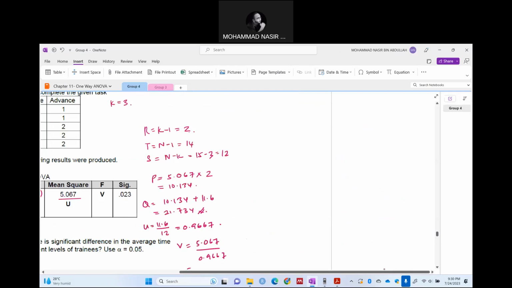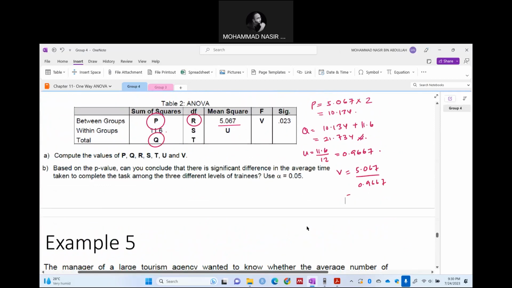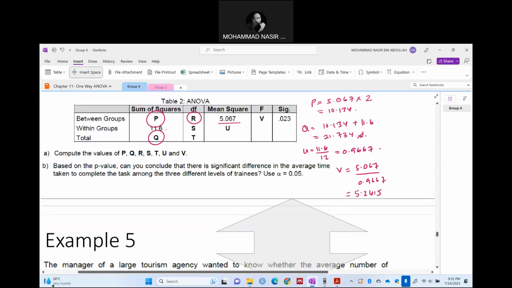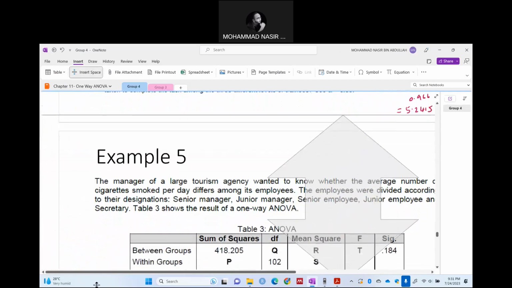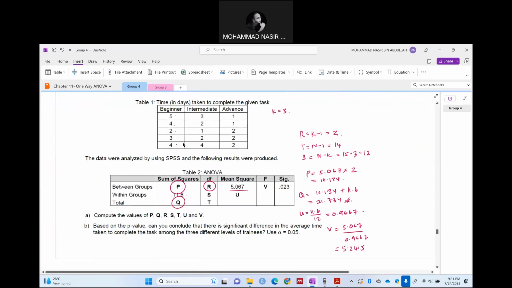So this should be equal to 5.2415. Right, very simple to find the values from the ANOVA table. Any questions so far?